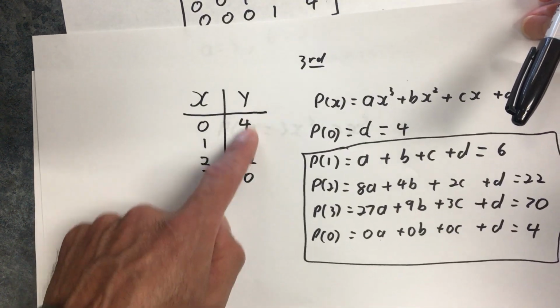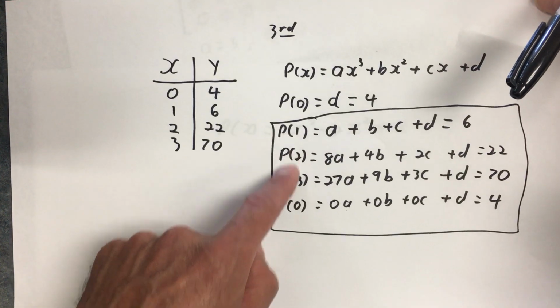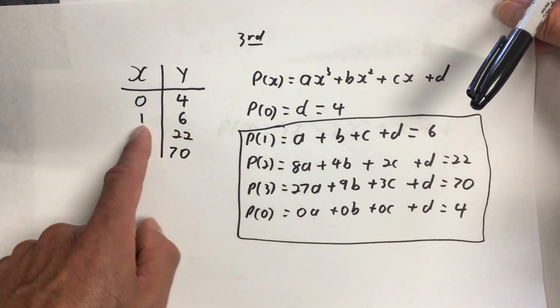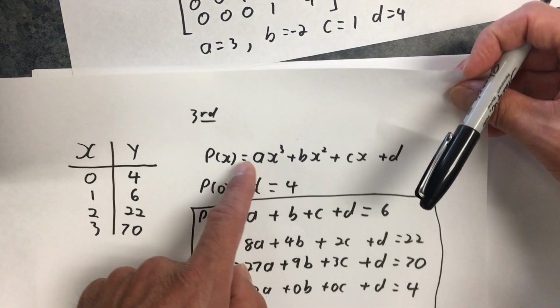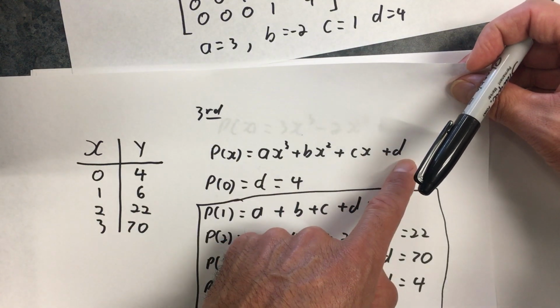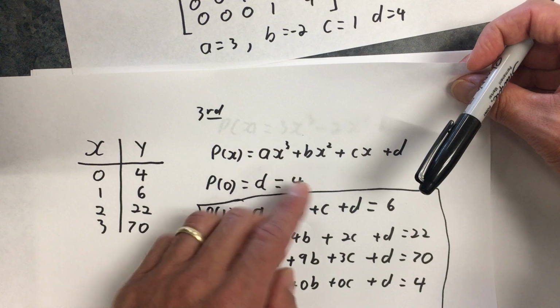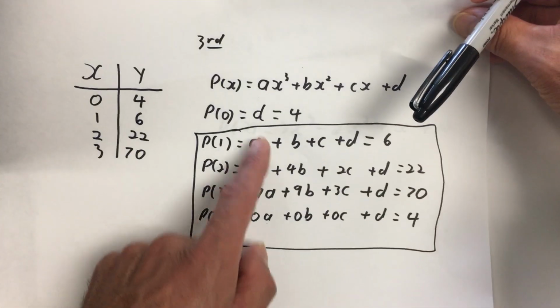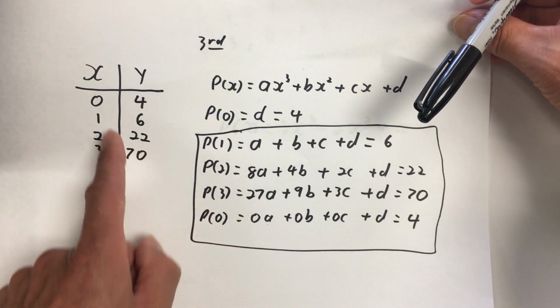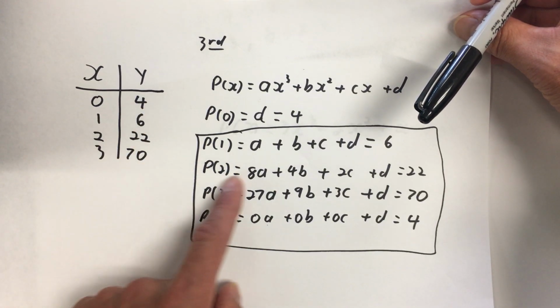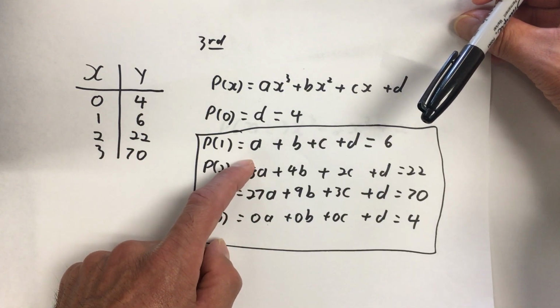I took these 4 points and I wrote down the equation evaluating the polynomial at each of those x values. After writing a standard form of the equation, acknowledging the 4 unknowns I had, these 4 coefficients, I then took these 4 equations based on the 4 points. That gave me 4 equations with 4 unknowns.